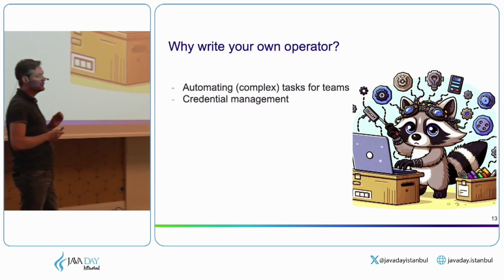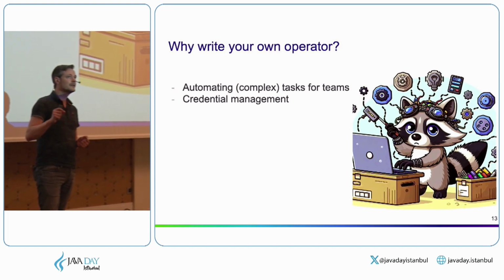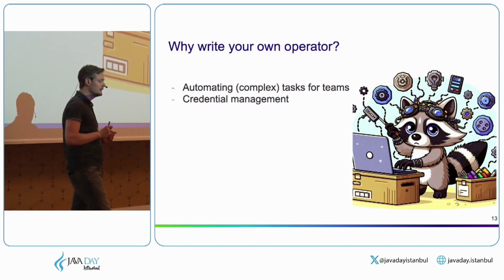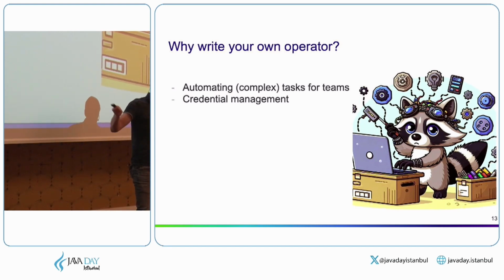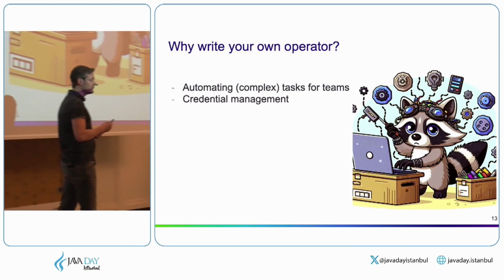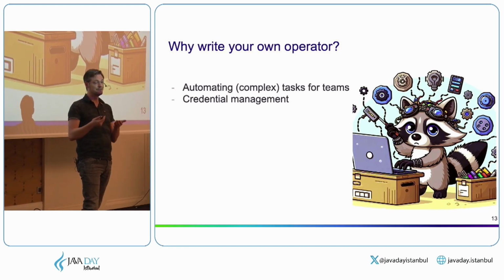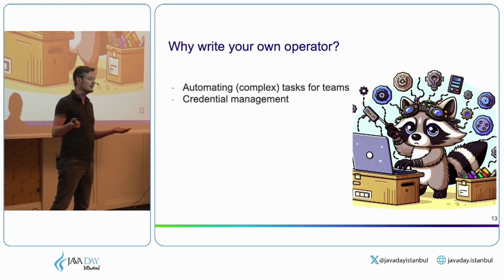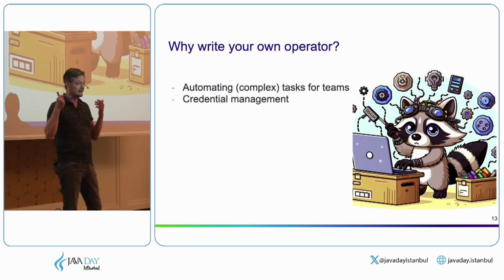Another good reason to build an operator is for credential management. What if that workflow within the authentication flow requires you to, for example, create an account in Active Directory? Then you would need to have quite high-level credentials to communicate with Active Directory. You would give these rights to every team in the company, and a lot of things can go wrong there. Teams can, again, misconfigure it.